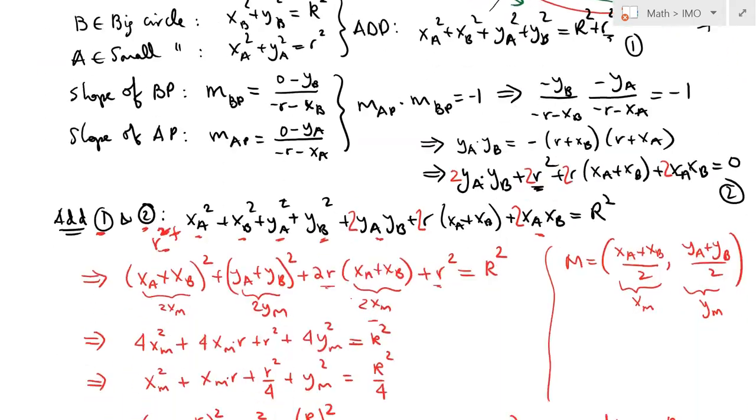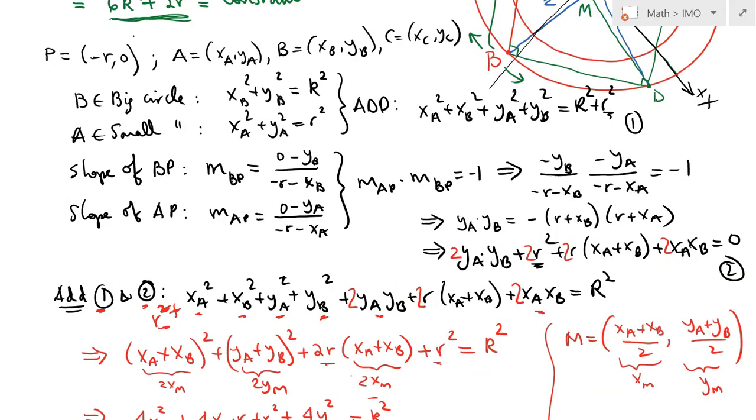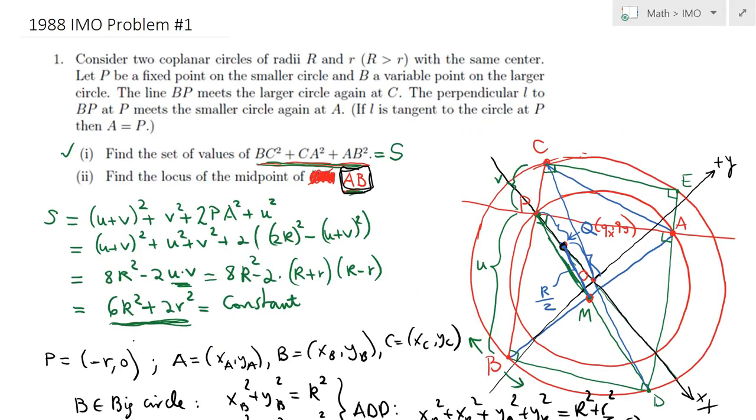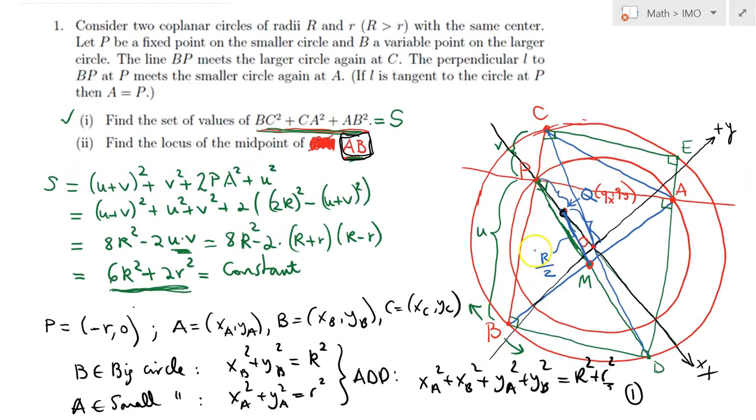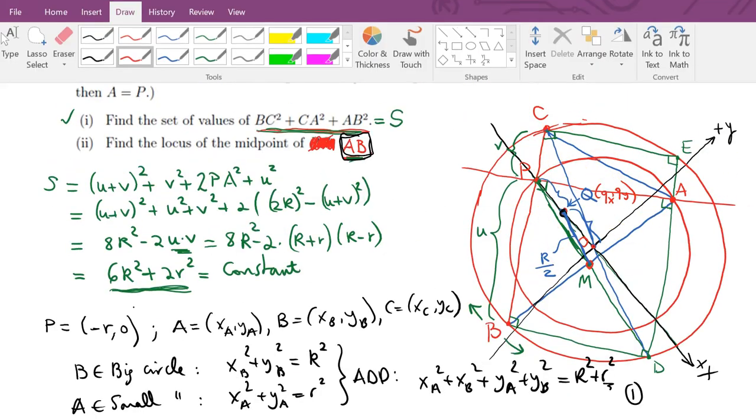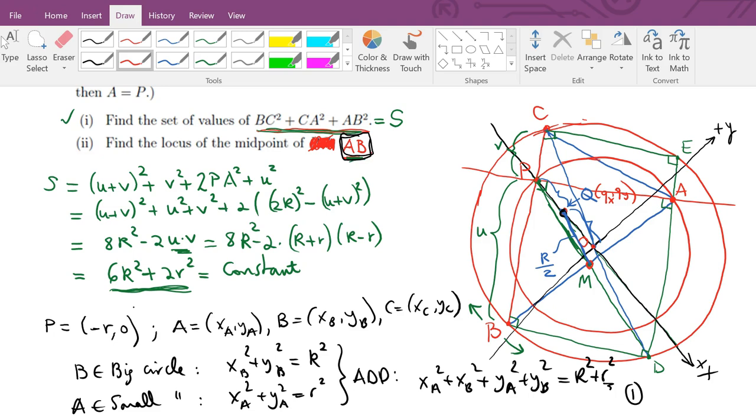In a similar way, you can find that things wouldn't have changed. So going back to the picture, things wouldn't have changed if we were just focusing on the midpoint of AC. Using the same coordinate bashing, we would get the same circle. In fact, let me go ahead and show you guys where those circles are located.